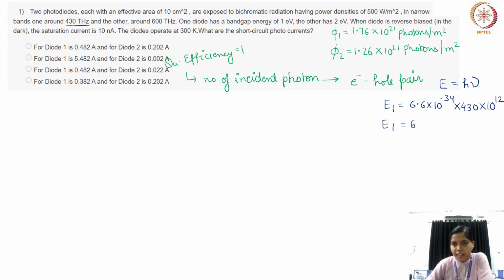So we can write it like 6.6 into 430 into 10 raised to the power minus 22, correct? And from here, what will this value give me? Anyone can tell.